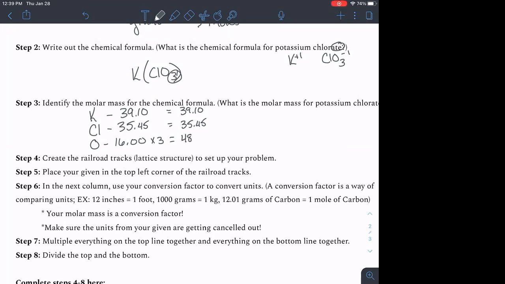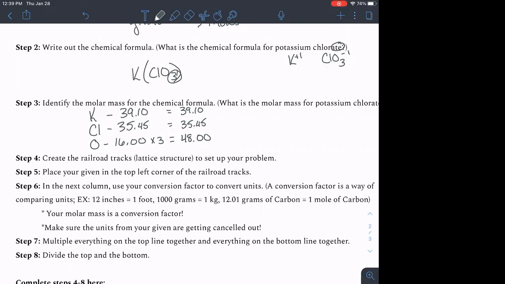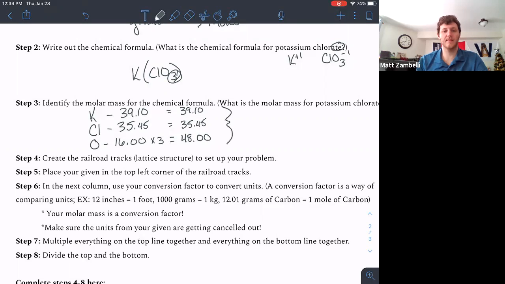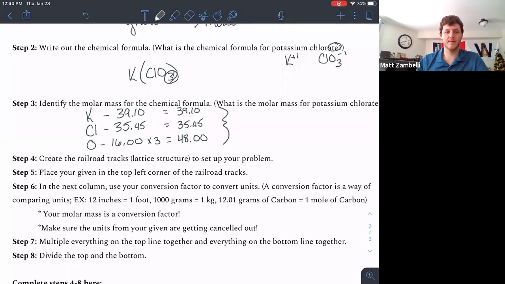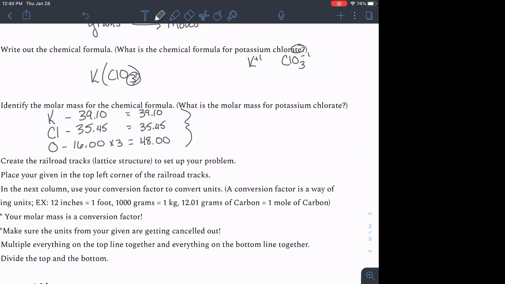Awesome. So now what do we have to do? Add them up. So who can tell me when we add all those up, what do we get? 122.55.